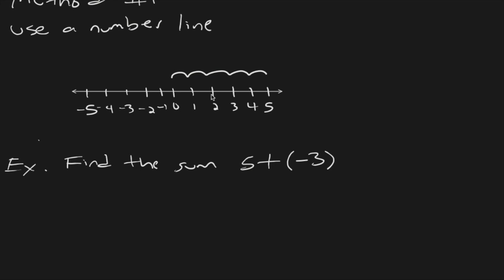Begin where you left off with the first number. Since negative 3 is a negative number, start at 5 and move 3 units to the left. 1, 2, 3. And that puts us at 2. So the sum of 5 and negative 3 is 2.